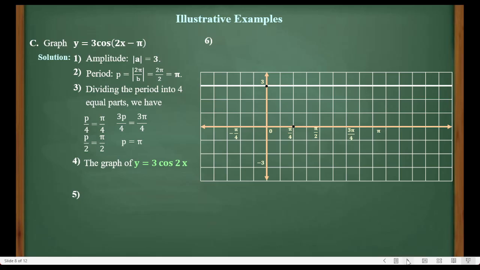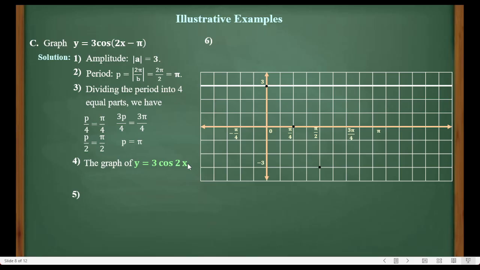Okay, next. For the second value, p over 2 or pi over 2, substitute to this equation for the value of x. So that is cosine of pi, which is actually equal to -1. Okay? But -1 must be multiplied by 3, so it's -3. Okay? Then for the third value of the period, so 3 pi over 4.